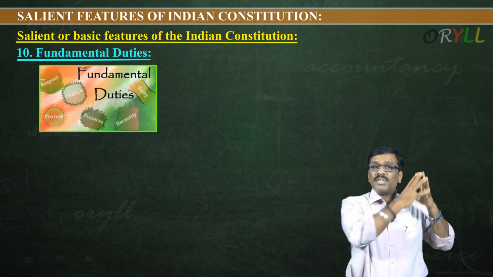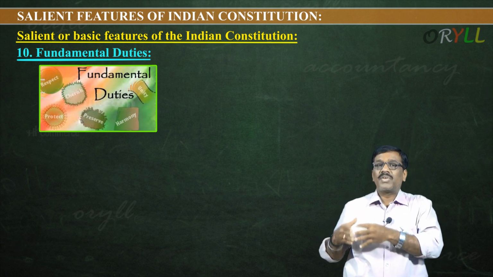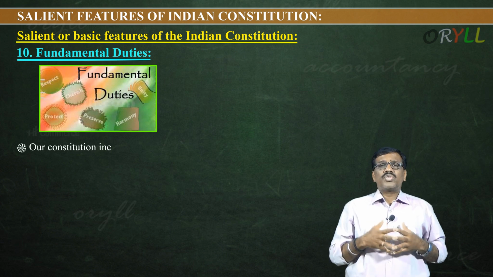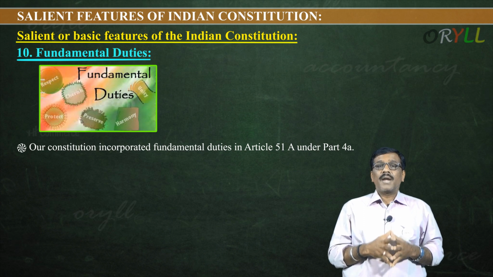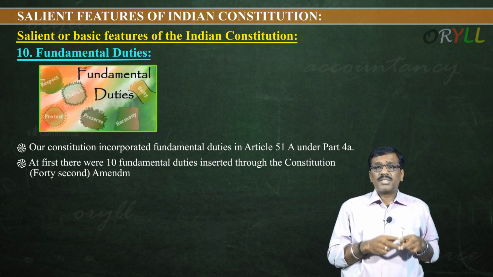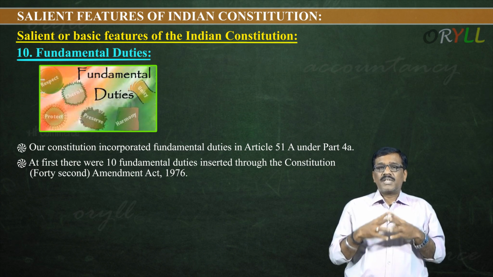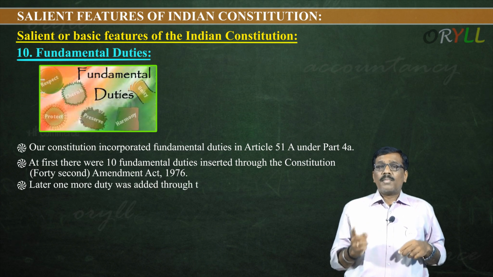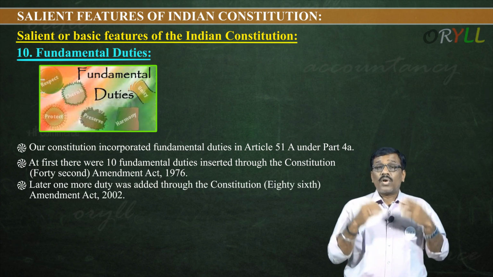Just like that, even the fundamental rights we have in the 3rd part, here in the 4th part of the Constitution, we have fundamental duties. Our Constitution incorporated fundamental duties in Article 51A under Part 4A. At first, there were 10 fundamental duties inserted through the Constitution 42nd Amendment Act 1976. Later, one more duty was added through the Constitution 86th Amendment Act 2002. What is that one more duty?